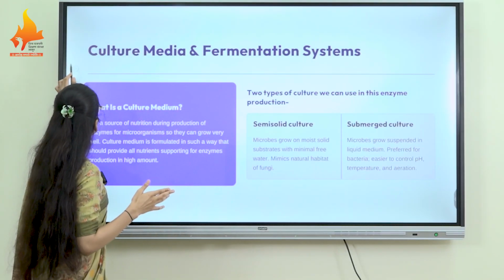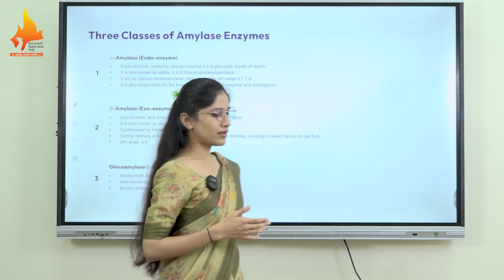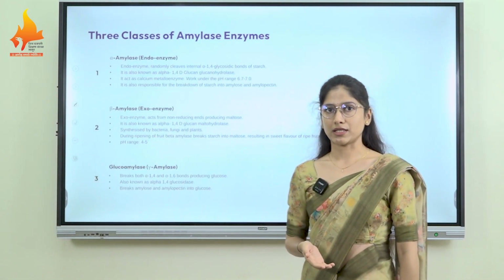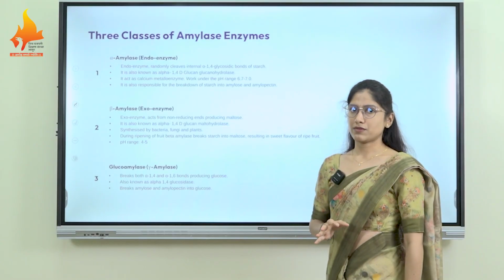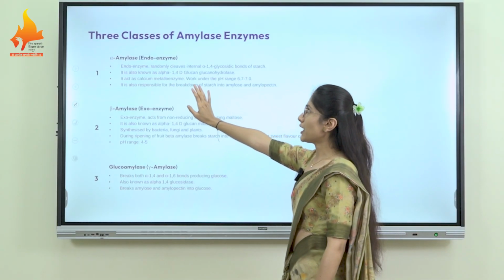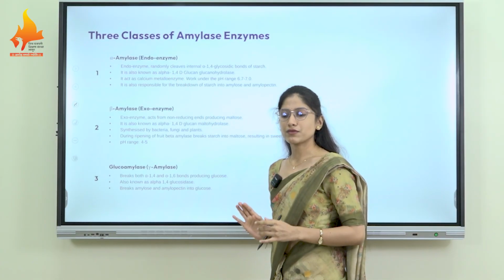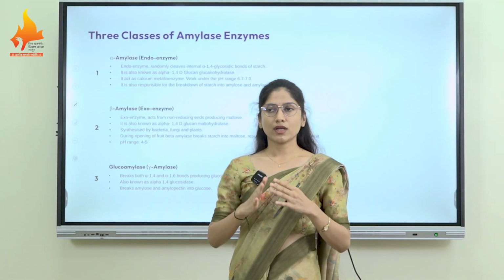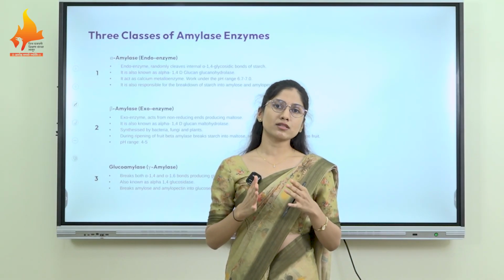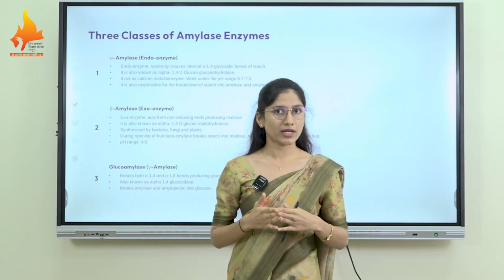So moving forward, let's discuss the types of amylase. There are three types of amylase. The first type is alpha amylase, which is an endoenzyme. So what is an endoenzyme? It is also known as an intracellular enzyme.